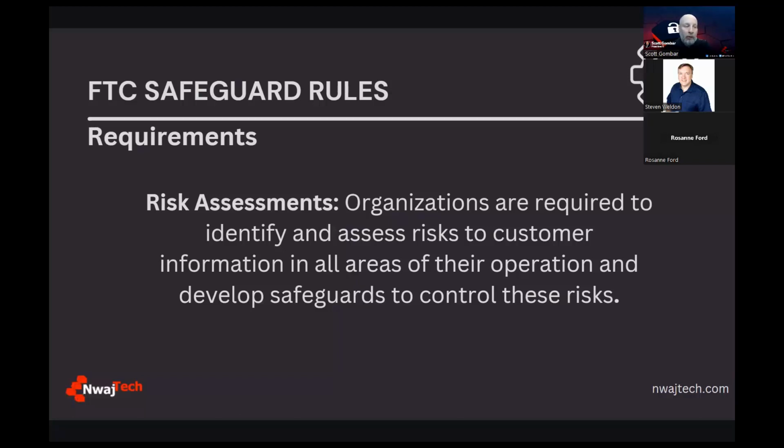In our area of the world, hurricanes, blizzards, things like that. In other areas, you might have to worry about earthquakes or tornadoes or wildfires. All of those things need to be considered as part of the risk assessment. So it's not just technical. A good chunk of it is technical, but some of it is physical in nature.